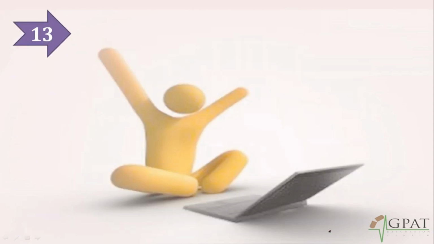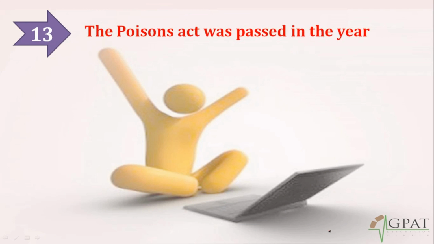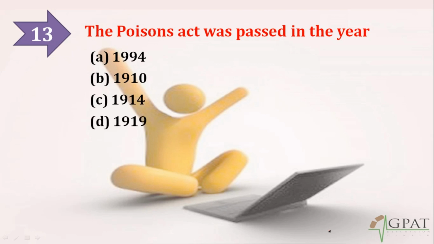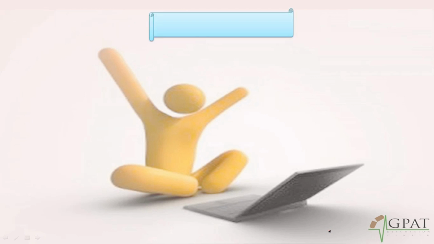Next question, question number 13. The Poisons Act was passed in the year, and the options are 1994, 1910, 1914 or 1919. And the right option is D, that is 1919.